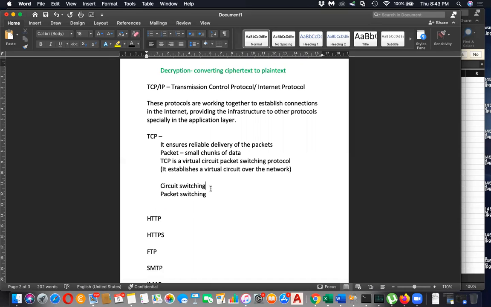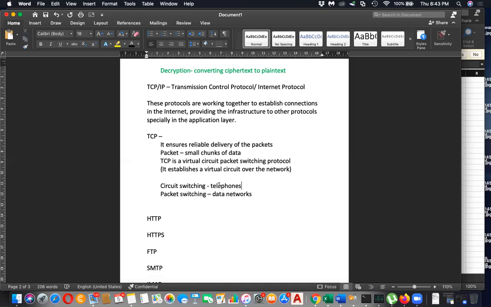What's the difference? Basically, let me give you some ideas. Circuit switching is used in telephones. Packet switching is used in networks or data networks.